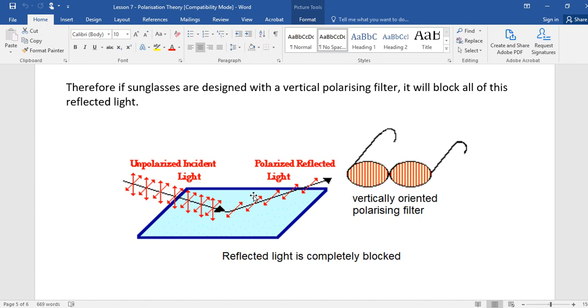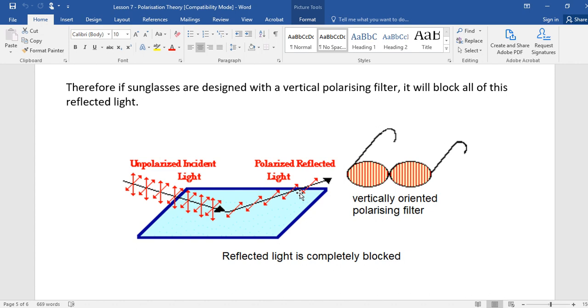So this is horizontally polarized light coming into a vertically orientated filter, and it will get completely blocked off, so you don't see any of that reflected light. You still have the light coming from the sun directly through your sunglasses and bouncing off other things, but the reflection off the water is completely eliminated.